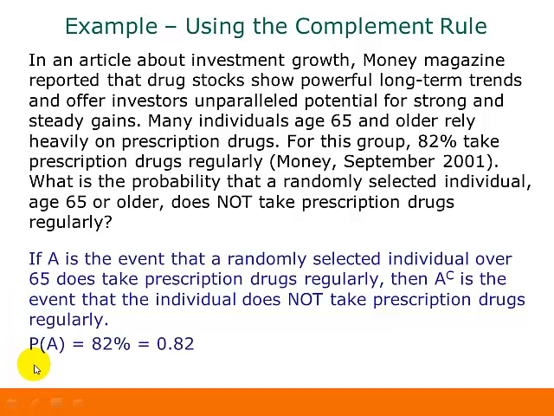So we would know that the probability of A is 82%, or 0.82, and we can use that to find the probability of the complementary event by just subtracting that probability from 1. So the probability of A complement is 1 minus 0.82, or 0.18, or we could say 18%.